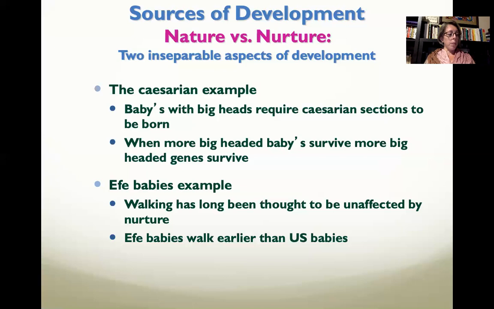If you were a mom before cesarean sections were possible, and you had a baby with a really big diameter of skull, it was likely to get stuck in the birth canal and not be able to be born, killing both the baby and the mom. No more baby, no more mom, no more genes that would predict having a larger head.